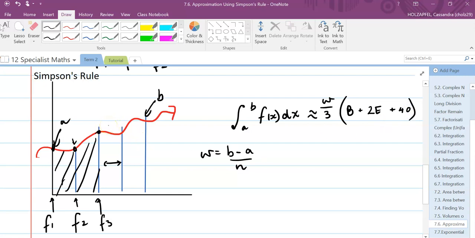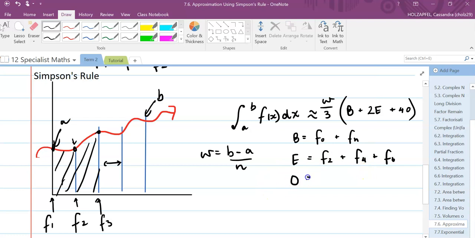I'll go through and explain why, but I just want you to remember that formula. Remembering that B is my boundaries, so my first term and my last term. My evens are going to be every second value, and that would go all the way up to F of 2 minus n.